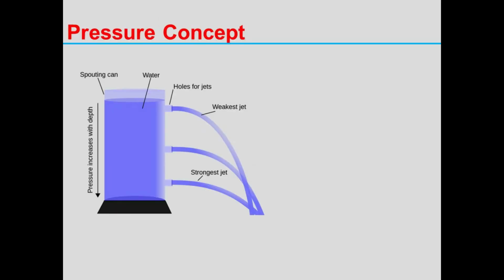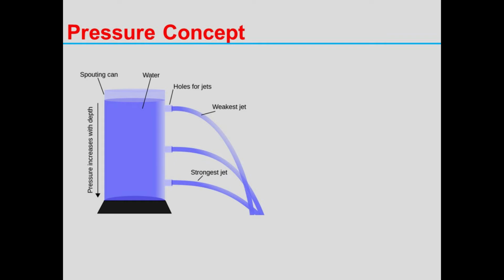Let's recap what we have learned before. I think most of you have experienced doing this experiment where a container full of water has several holes at the side of the container. During the experiment, we found that at the highest hole, the jets are weakest, while at the lowest hole, the jets are strongest.